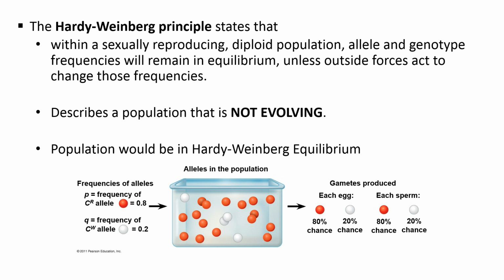Again, we're looking at microevolution, the change in allele frequencies over time. Looking at our red and white alleles, 80% of the population are red alleles, 20% are white alleles. These individuals produce gametes, so 80% chance for red, 20% chance for white.